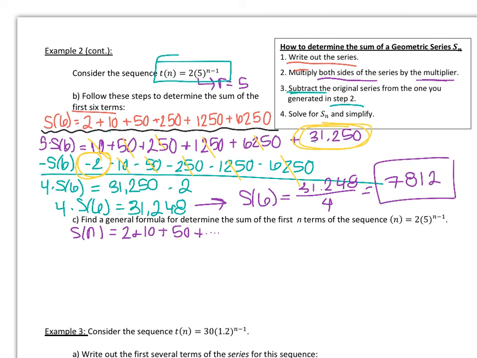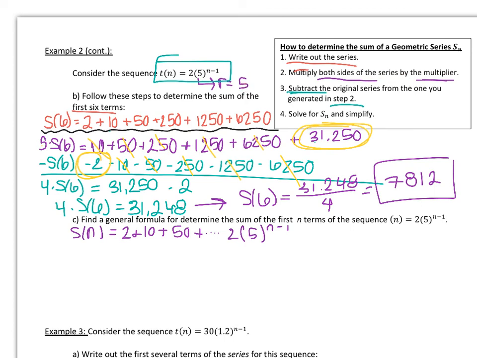That would just be 2 times 5 to the n minus 1. The last term, I would literally just plug that number n into that formula. So now we're going to follow the next step: multiply both sides of the series by the multiplier.